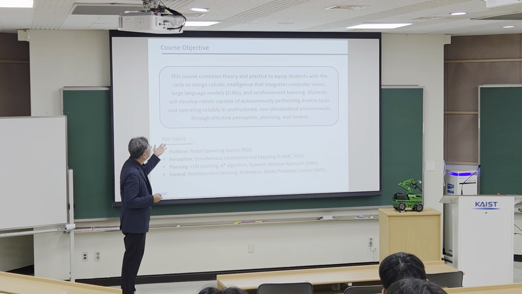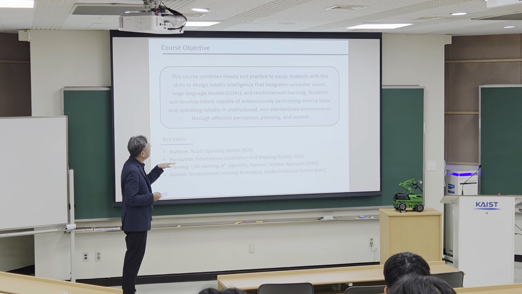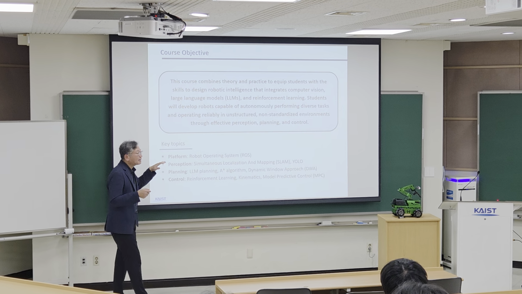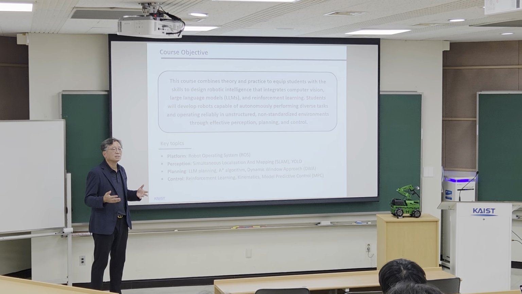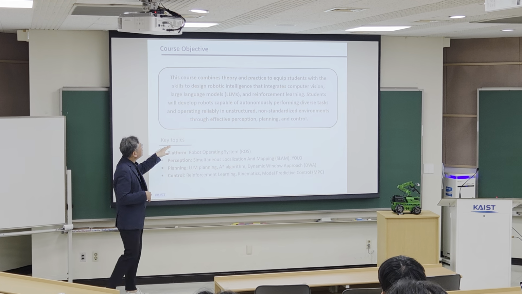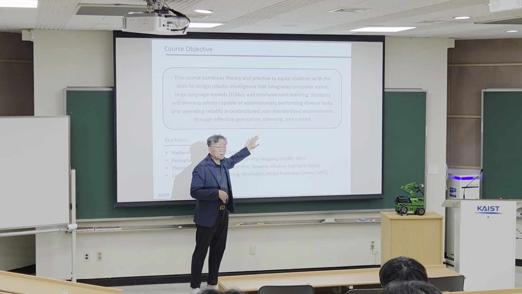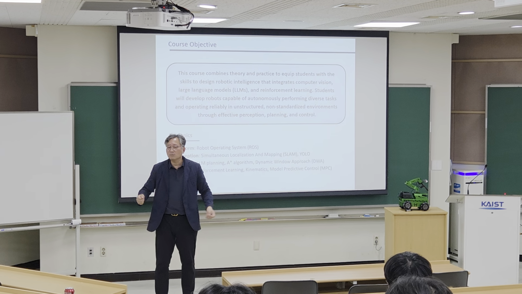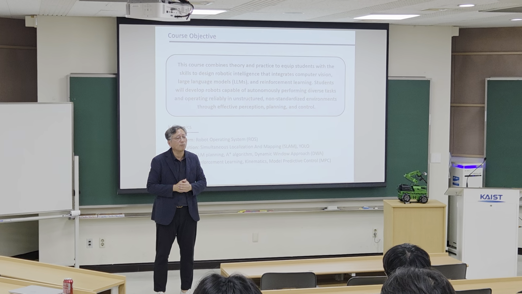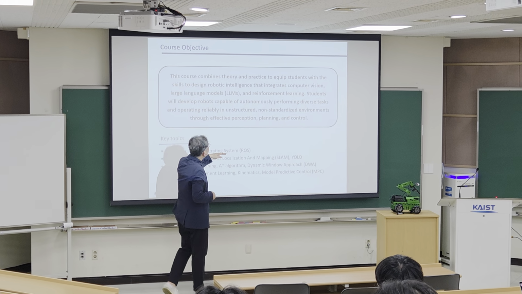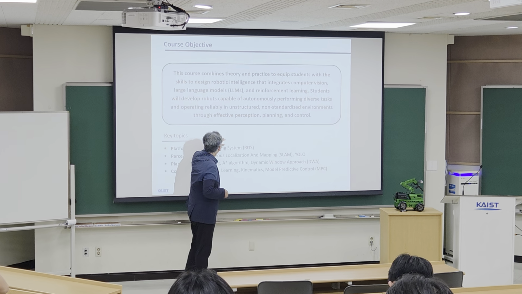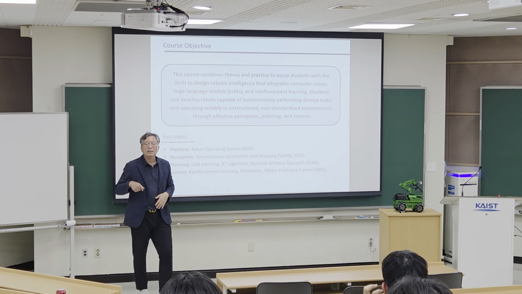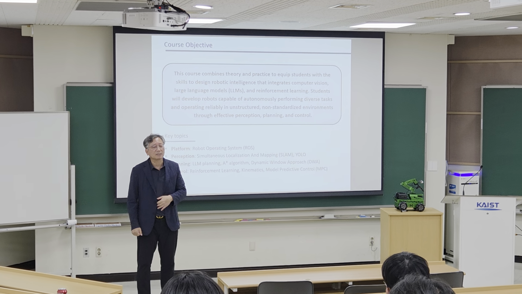And so students will develop robots capable of autonomously performing diverse tasks, and I'm going to be talking about this a little bit more, in an unstructured, non-standardized environment, so not a fixed structure but some random structure given to the robot, and through effective perception, planning, and control, it's supposed to complete the task.